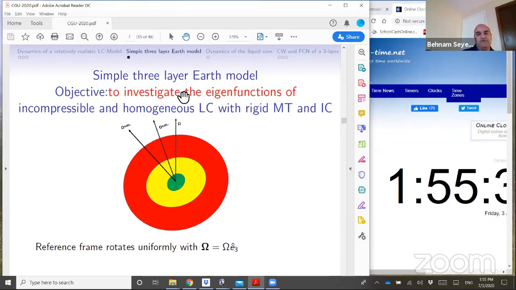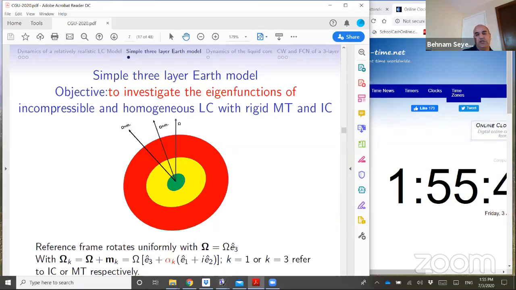You can see that the reference frame actually rotates at this frequency. It's rotating uniformly. Omega k, with k equals 1, is associated with the inner core, and k equals 3 is associated with the mantle. And alpha is the amplitude of the wobble.